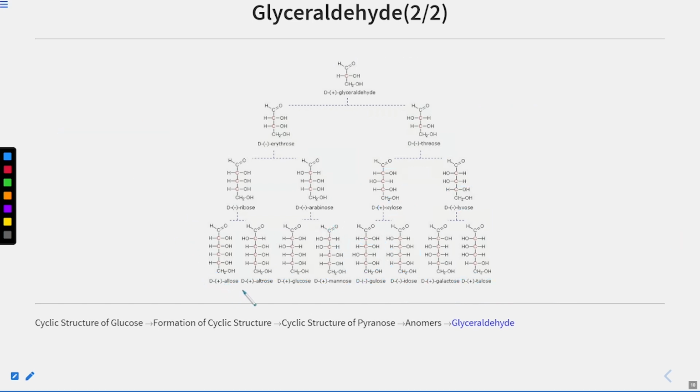Which of these compounds will give the same product upon reduction with HI? If you reduce all of these with HI, you will get n-hexane. Similarly, if you reduce all four of these, you will get n-pentane.